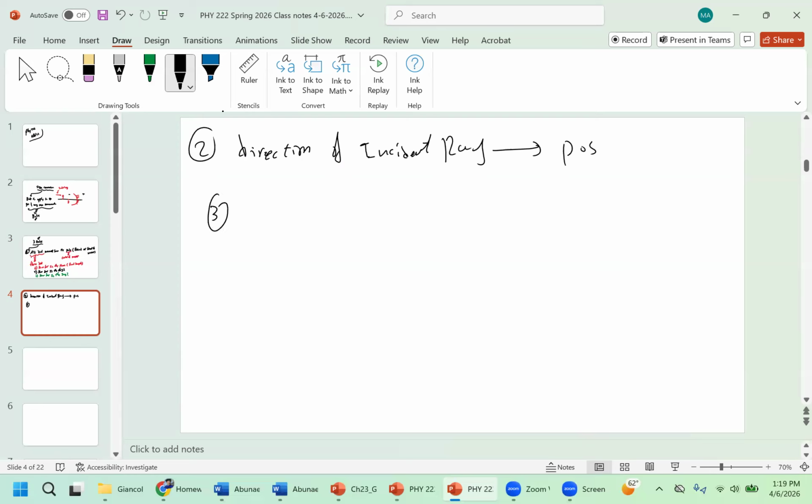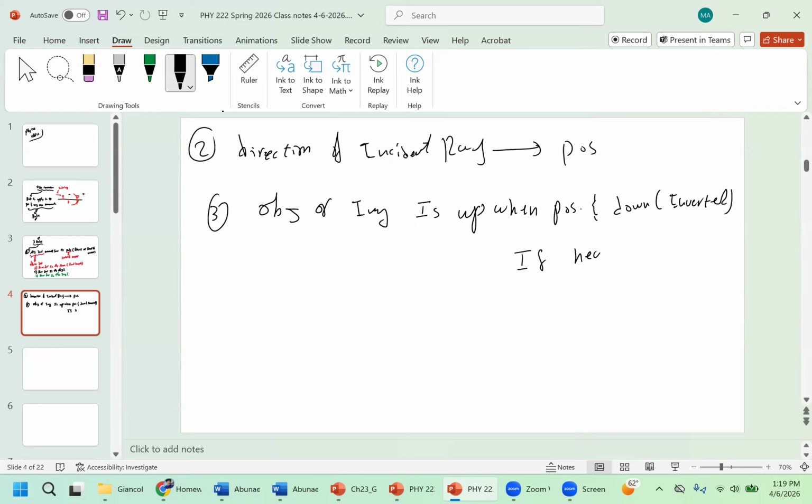And number three, your object or image is up when positive and down, or you can say inverted, if negative.